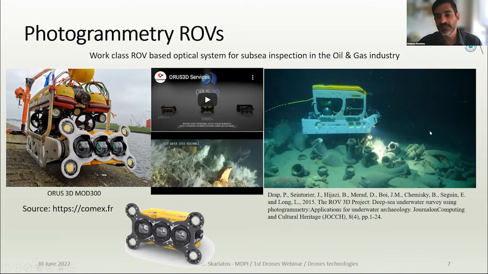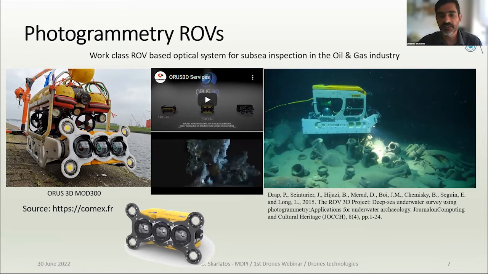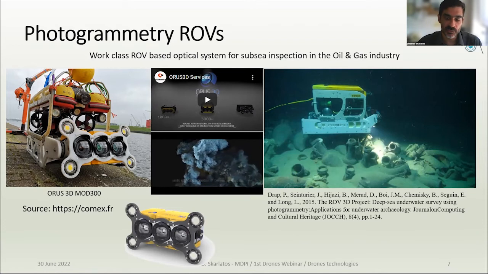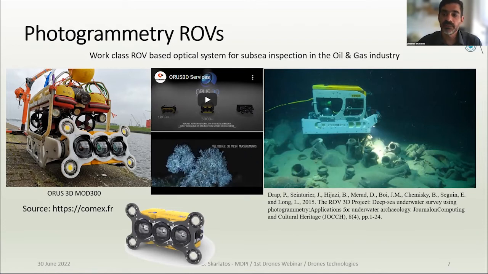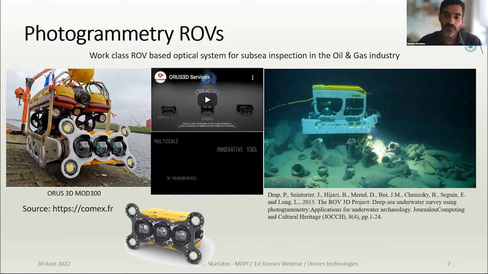So you can see that the ROV needs to be very delicate and very precise in maneuvers in order to be, let's say, 1 or 1.5, maximum 2 meters from the object in order to attain high quality colored photos.